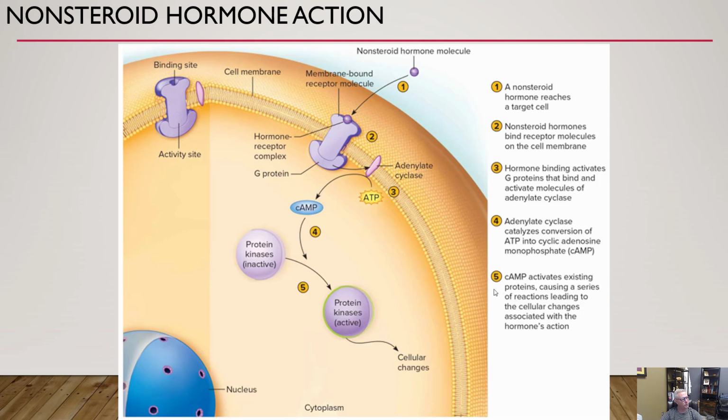The non-steroidal hormone reaches the target cell, binds to the cell membrane, activates the G protein, adenylate cyclase, cyclic AMP, and then we had that phosphorylation, and that leads to cellular changes and development of protein kinases. All right.